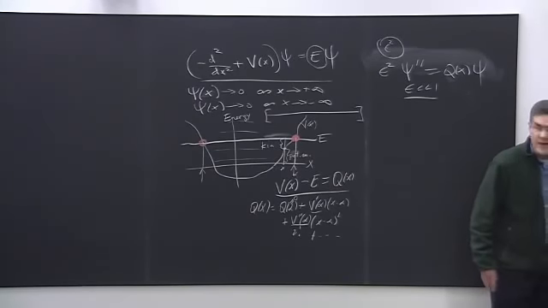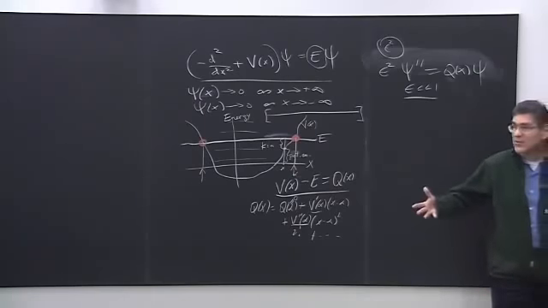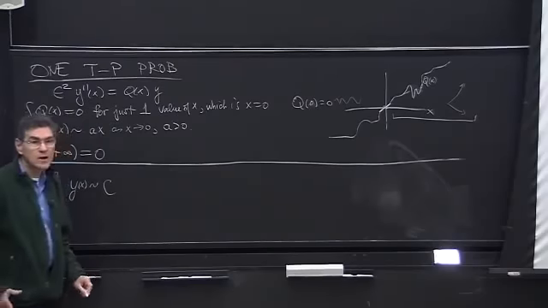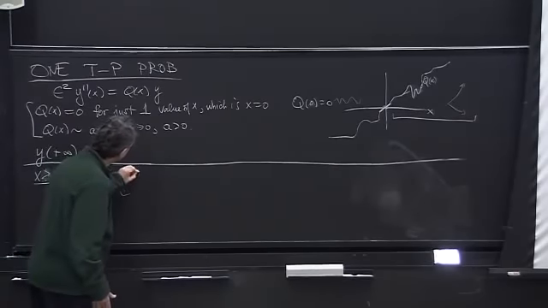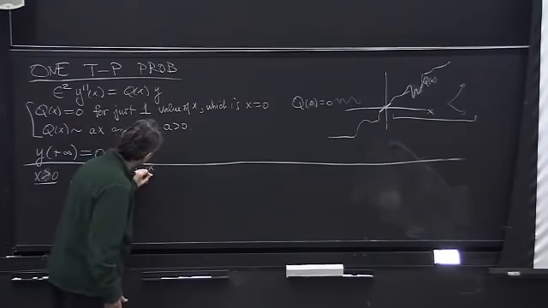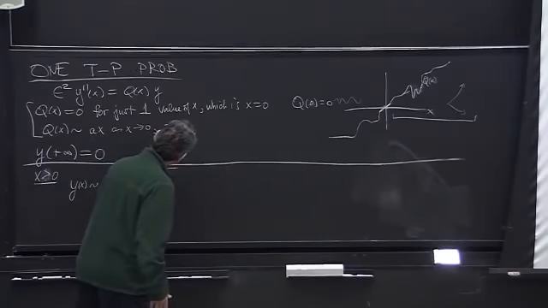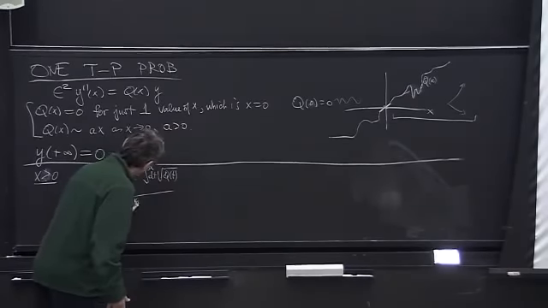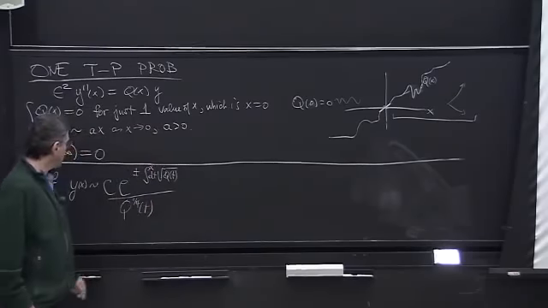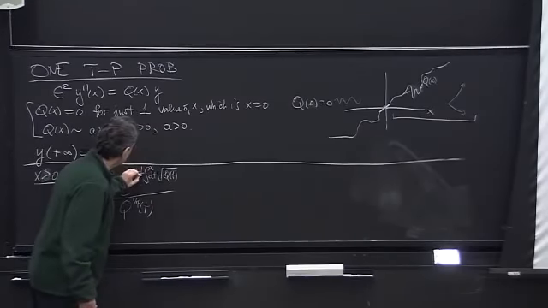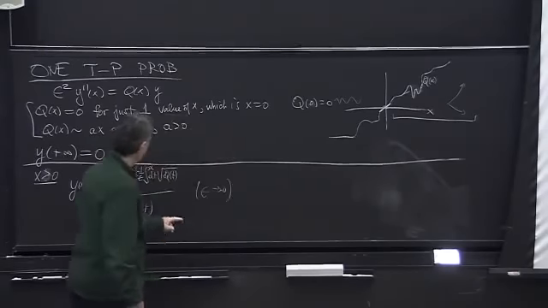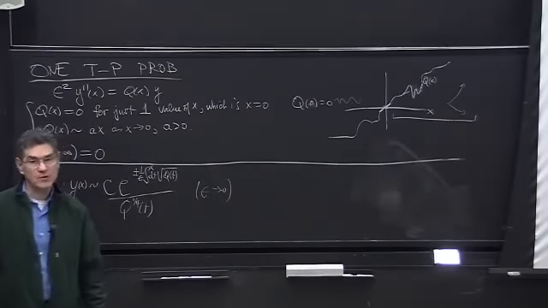It says that y is asymptotic to some constant, let's call it c, times e to the plus or minus integral up to x dt square root of q of t divided by q to the 1/4 of t, times 1 over epsilon. And this is asymptotic as epsilon goes to 0. That's what the WKB approximation says.